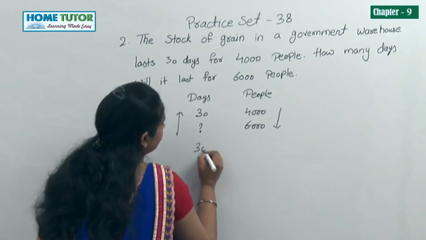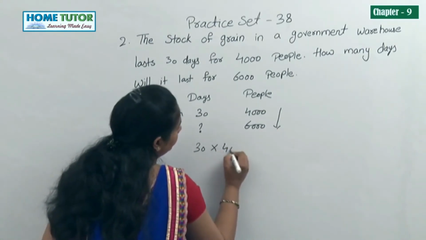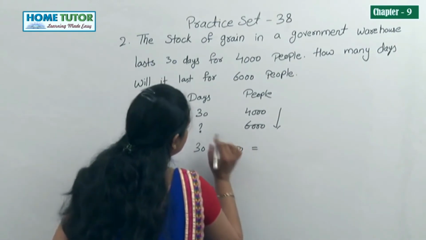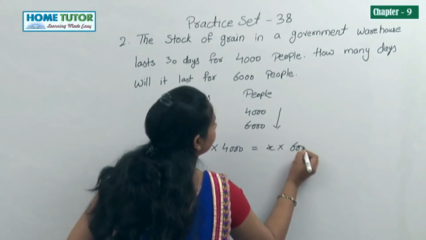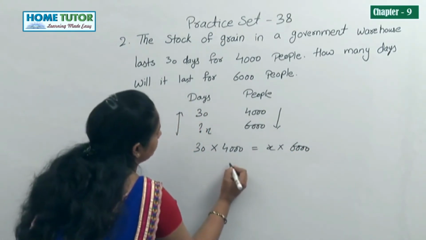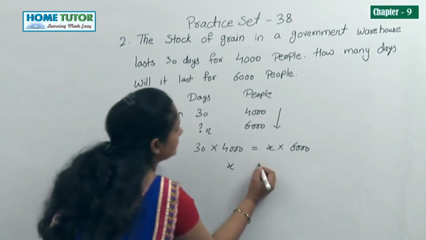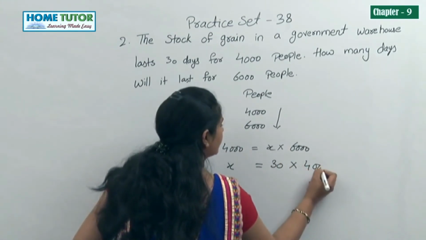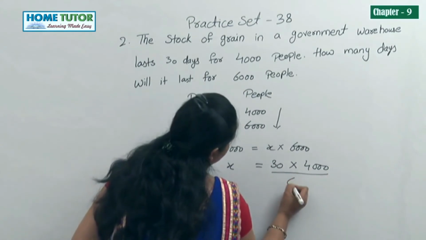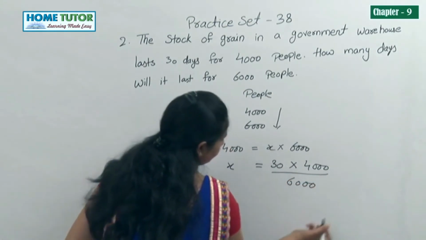So that is 30 multiplied by 4,000 is equals to, let's assume x days, so x multiplied by 6,000. So we have to find the value of x. x is equals to 30 multiplied by 4,000 divided by 6,000.